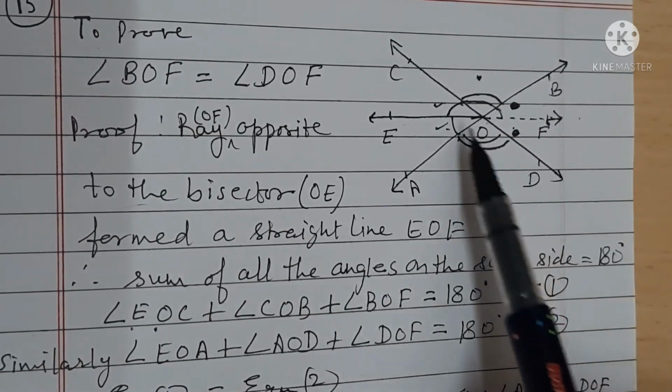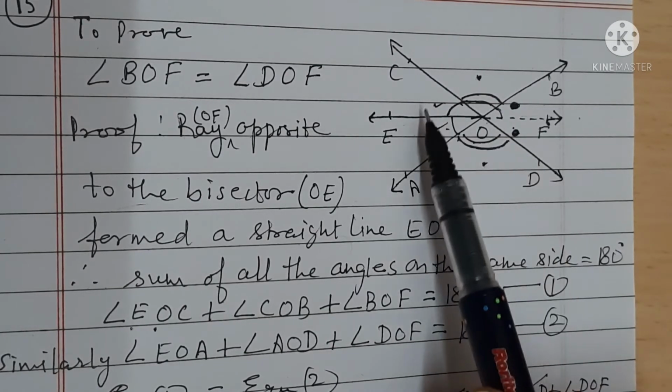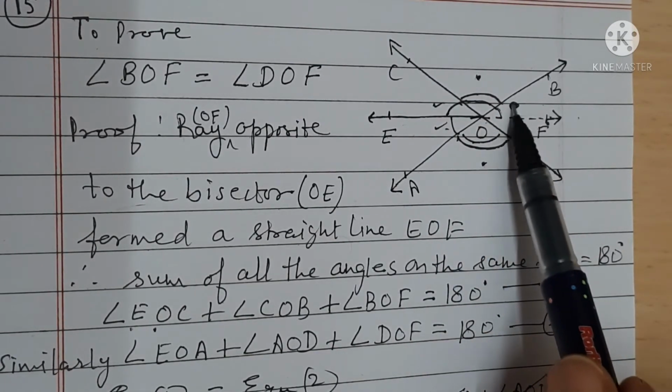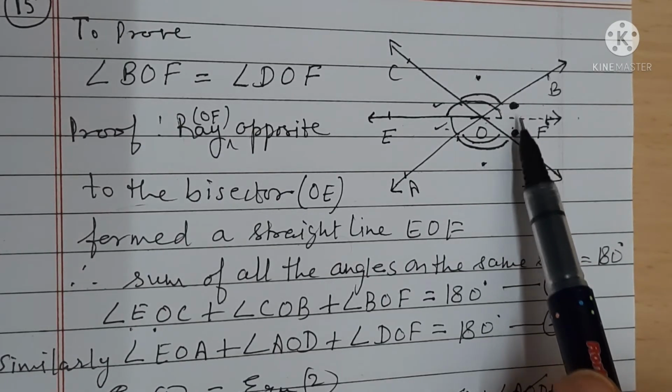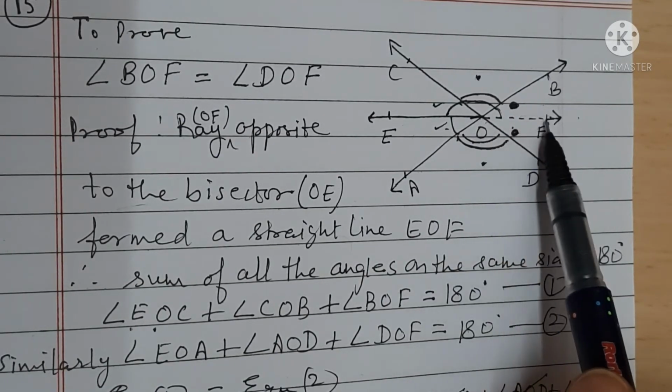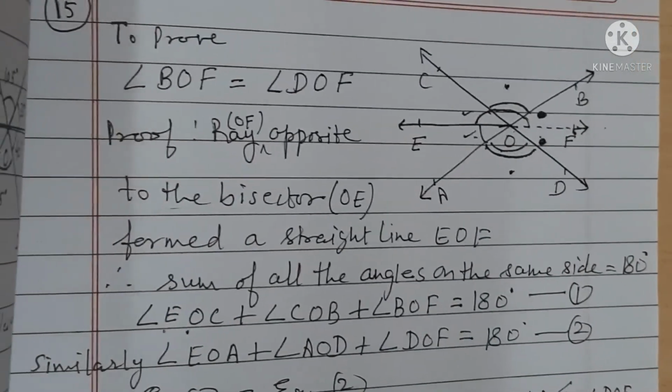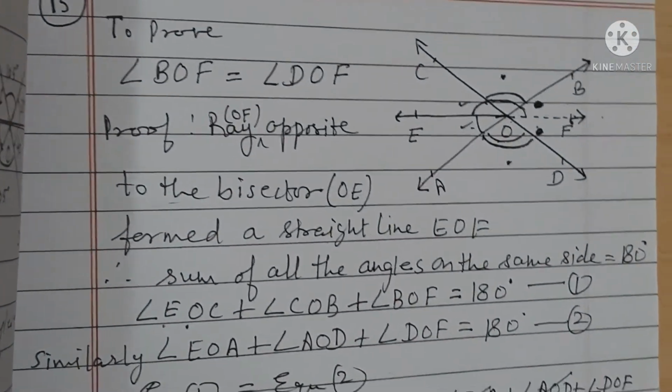So this method also you can use to prove this question. These angles you can prove equal to each other, so that OF will be the bisector. You can use any one of the methods. Next question number 16.